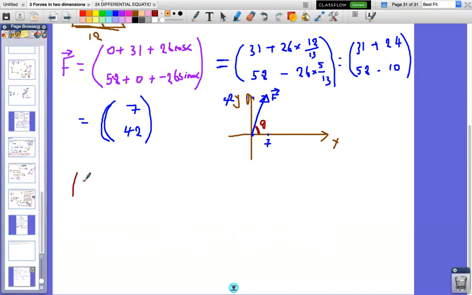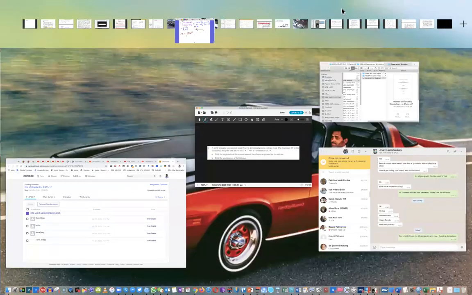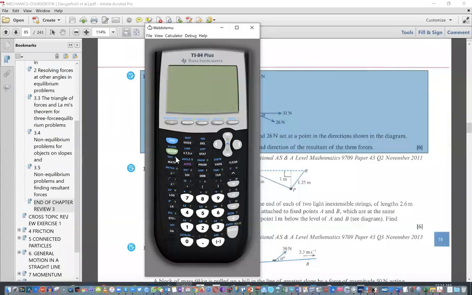So magnitude of F, just call that F, is equal to the square root of 7 squared plus 42 squared.